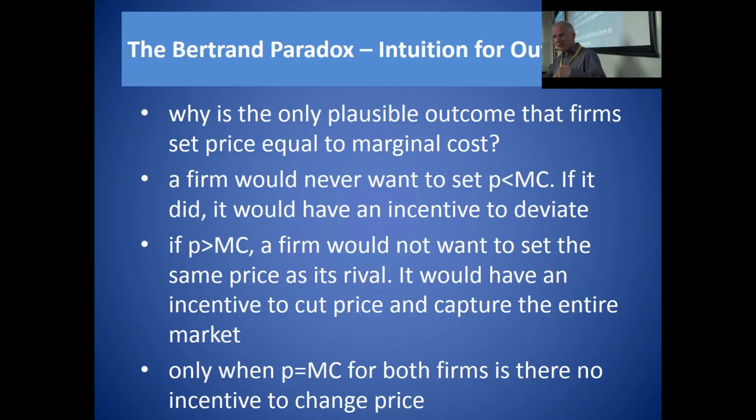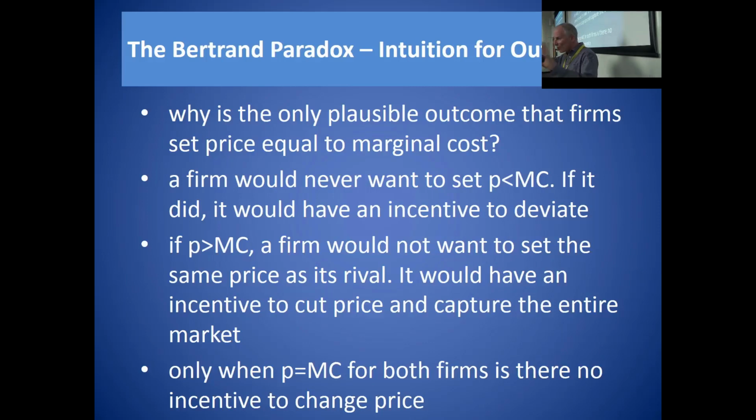Would any firm have an incentive to increase its price? Well, if you increase your price, you then lose all of your customers. You'll be charging a price greater than your rival. And hence, that is the only outcome where price equals the marginal cost, where neither firm will have an incentive to deviate. And hence, that's the only Nash equilibrium outcome.